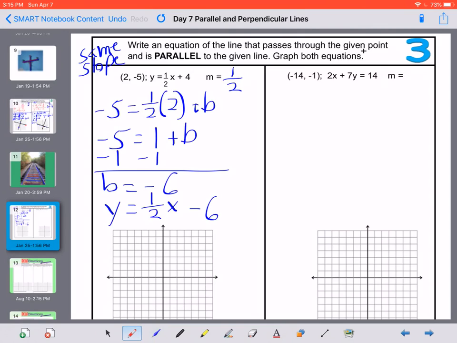So let's graph the first one first, though. So we need to start at 4. 1, 2, 3, 4. And we're going up 1 and over 2.